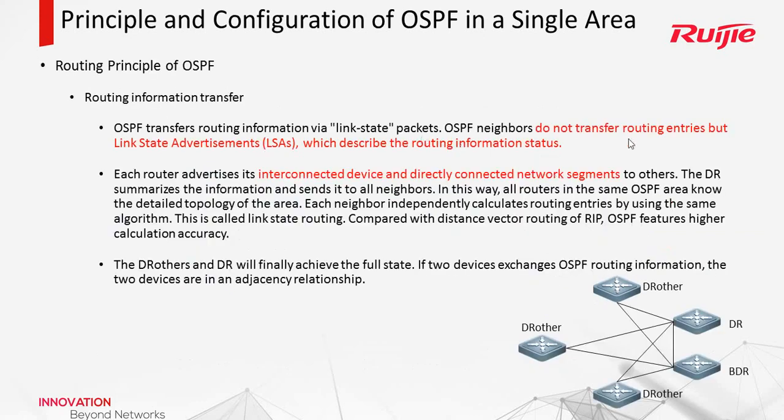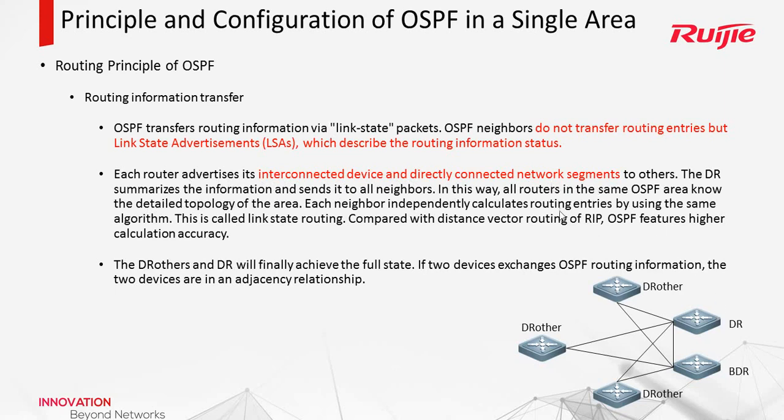Just pay attention, OSPF neighbors do not transfer routing entries, but link state advertisements. This is the OSPF packet, and it is used to describe routing information status. Each router advertises its interconnected devices and directly connected network segments.